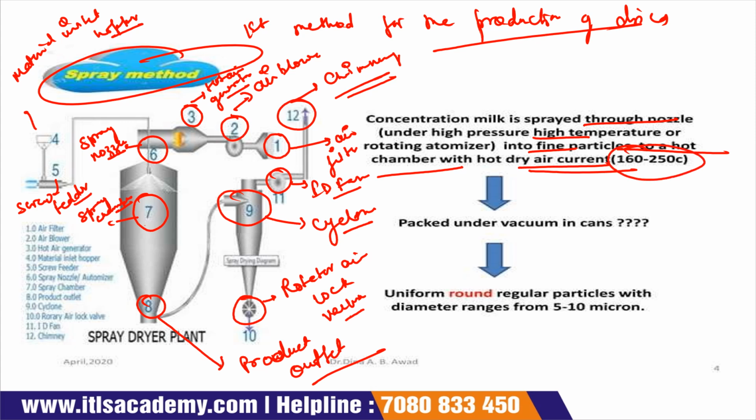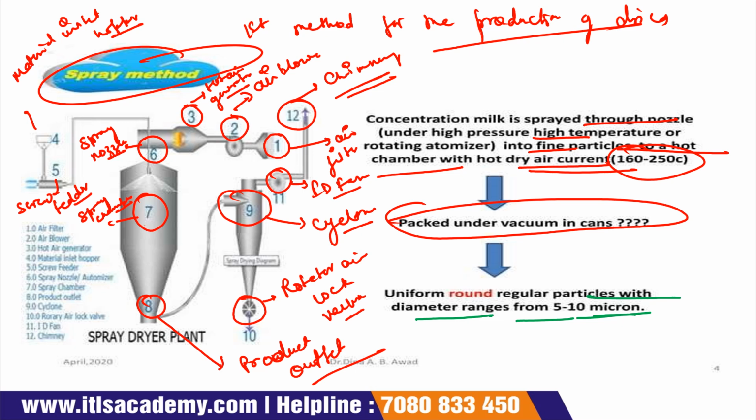Then it will be packed under vacuum in a can, as uniform round regular particles with a diameter ranging from 5 to 10 micron.